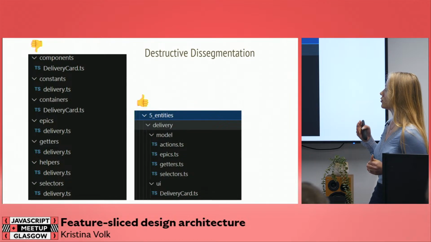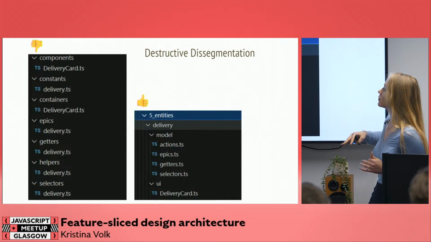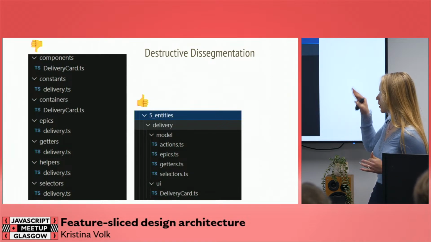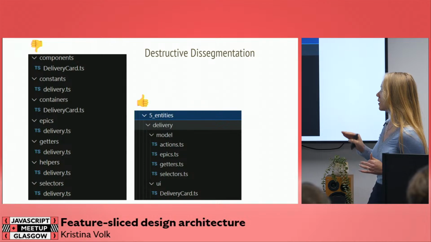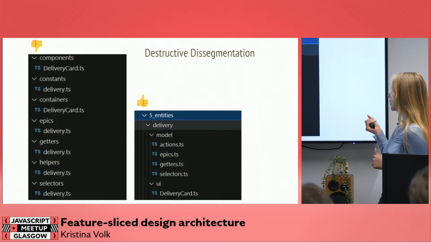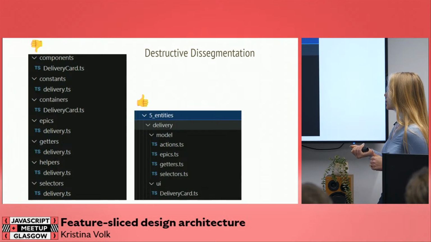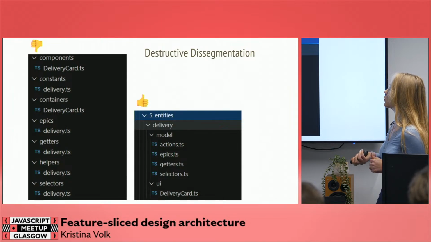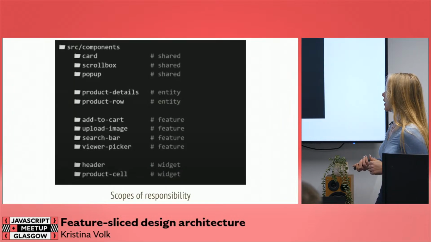Some parts that are supposed to be located together because they are about the same thing are spread across different layers. First, we can take them out and put them into one entity zone and make it unified and standardized. Here we continue fighting with destructive desegmentation and apply a local first approach.